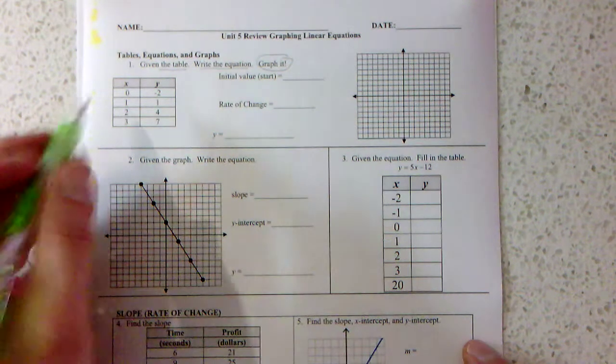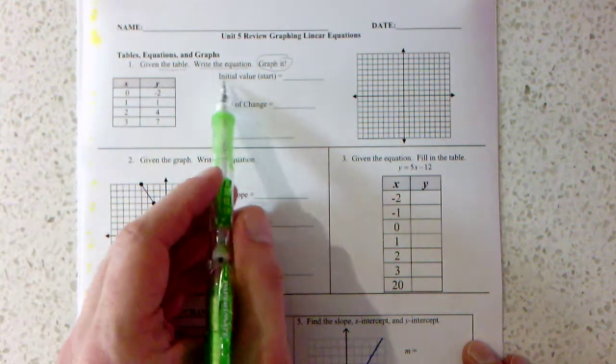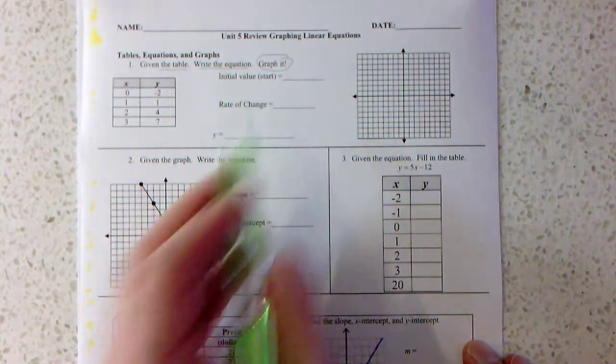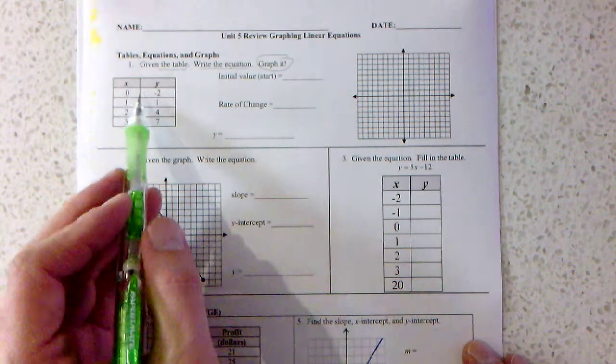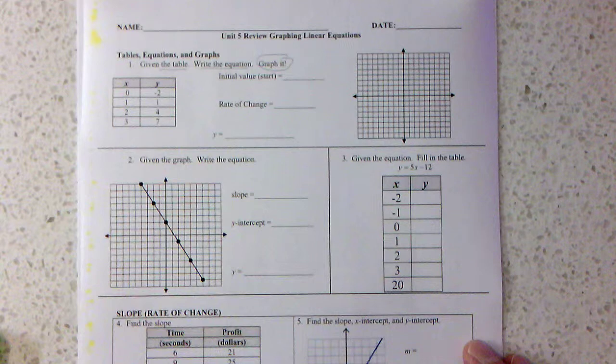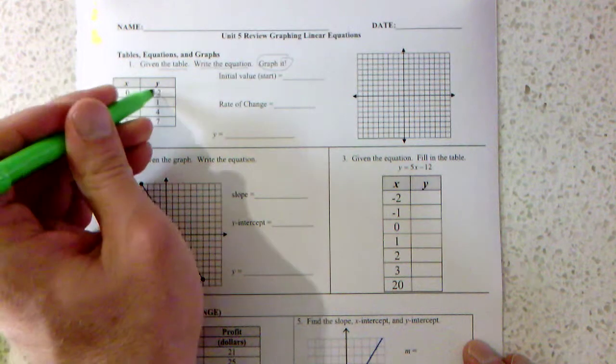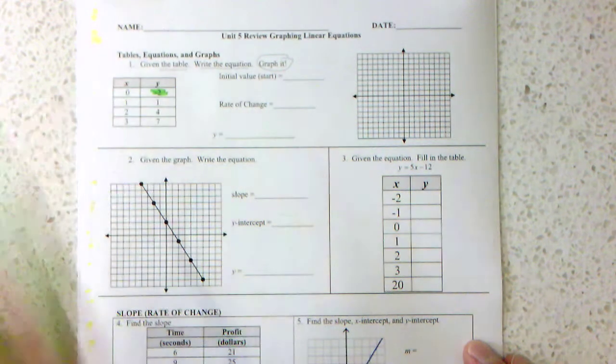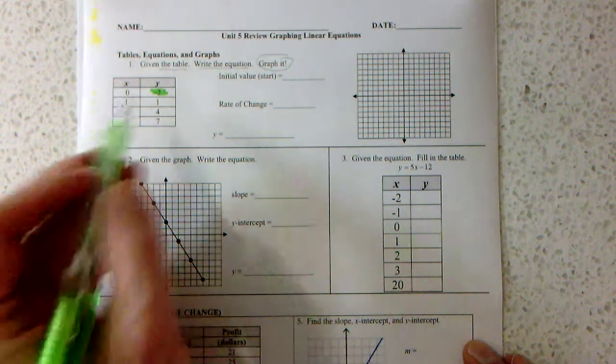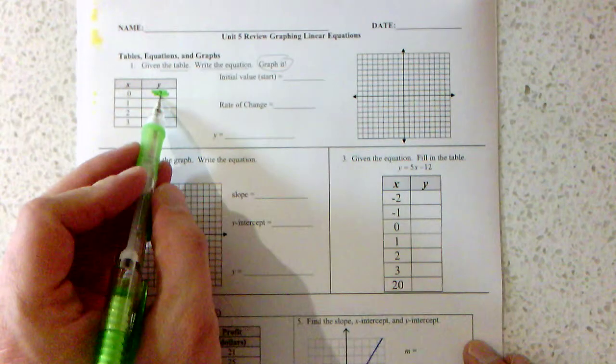So when we have the table and our initial value, the start, we're looking for where it intercepts the y-axis. So when x is 0, where does it cross the y-axis?